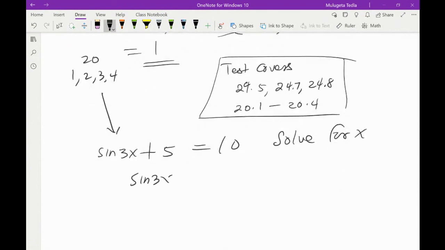Sine 3x equal to 10 minus 5. Well, let me call this 7. So it is, because it has no solution otherwise. Sine 3x equal to 7 minus 2 minus 5. Sine 3x equal to what?